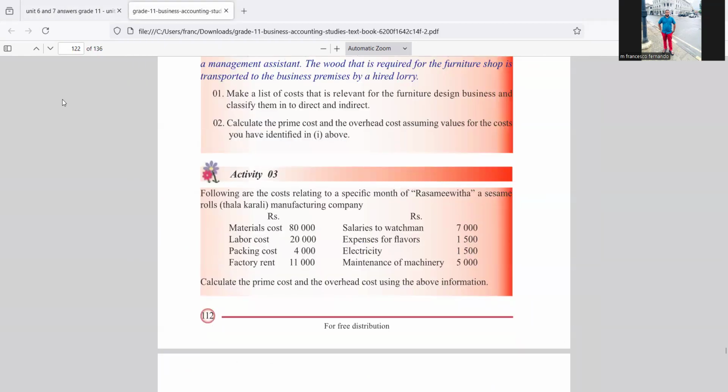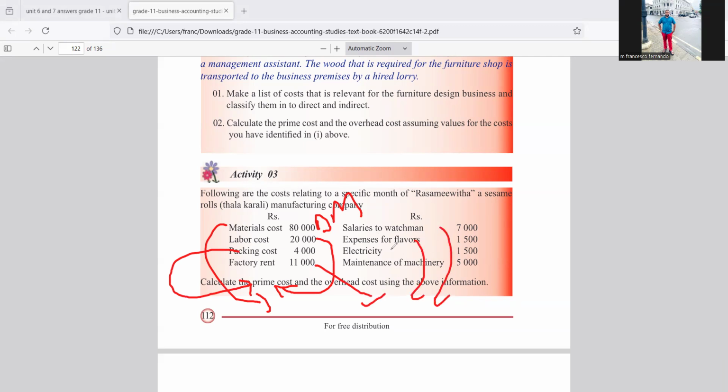So if you see here, material cost is direct material, so it's coming under prime cost. Labor cost is direct labor, it's coming under prime cost. Packing cost is a direct other cost, so it comes under prime cost. Factory rent, salary to watchman, expenses for labor, electricity, and maintenance of machinery are overhead costs.